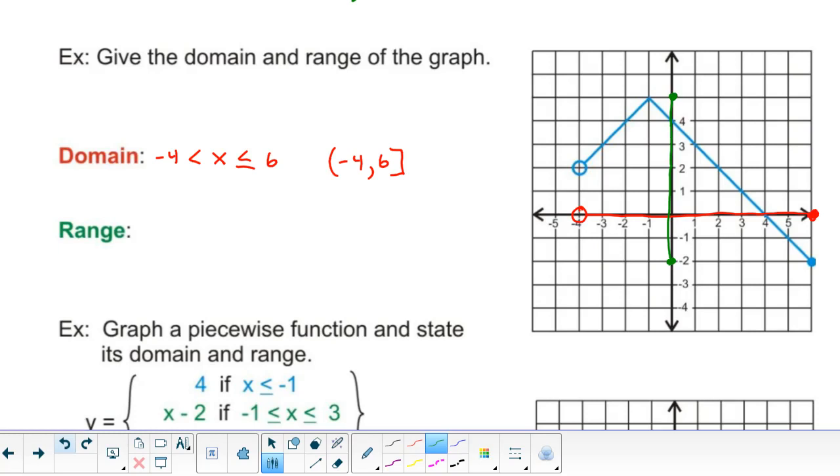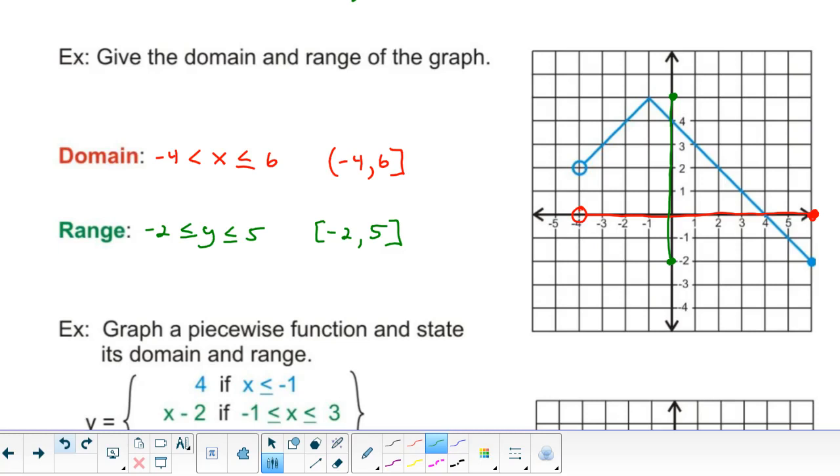All right? So what is this? This is -2 is less than or equal to y is less than or equal to 5. Writing that as an interval, lowest, highest. Lowest is included bracket, highest is included bracket. Hope that makes sense, right?